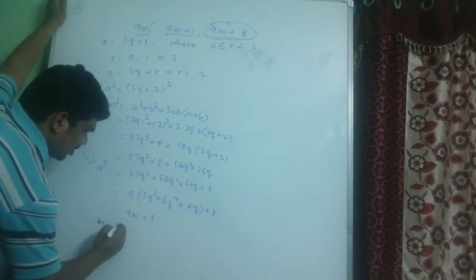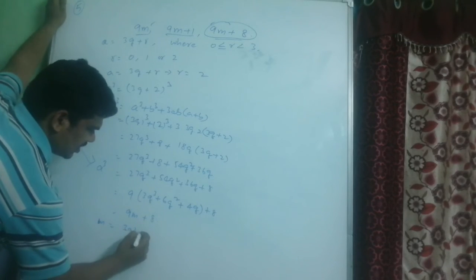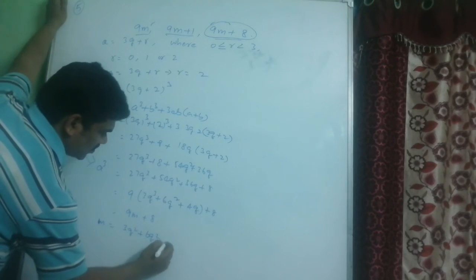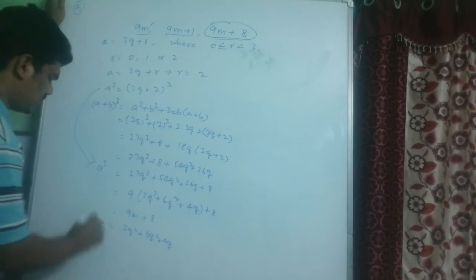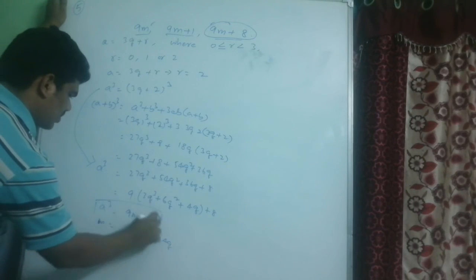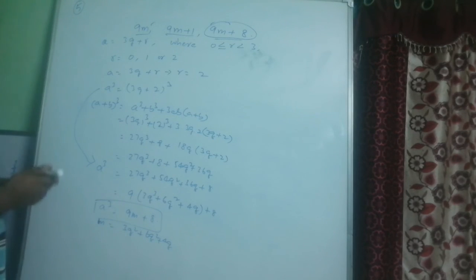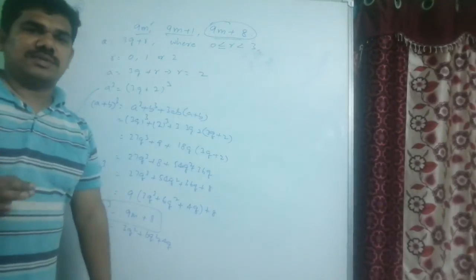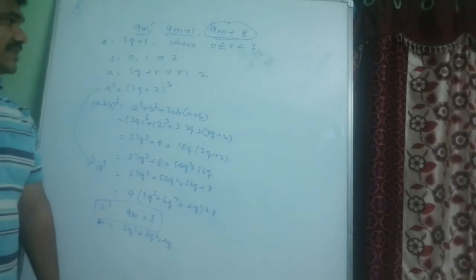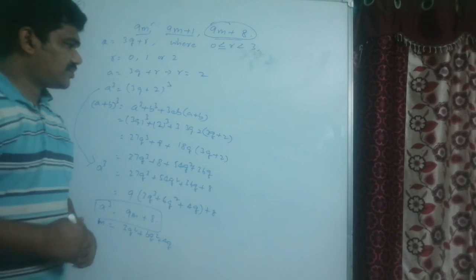So m is 3q cube plus 6q square plus 4q. So we proved like a cube equal to 9m plus 8. Okay, so this is the question and this is the first chapter, first exercise in first chapter of real numbers, NCERT and CBSE class 10. Okay, thank you.